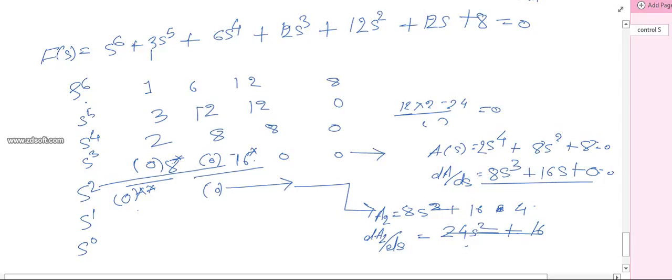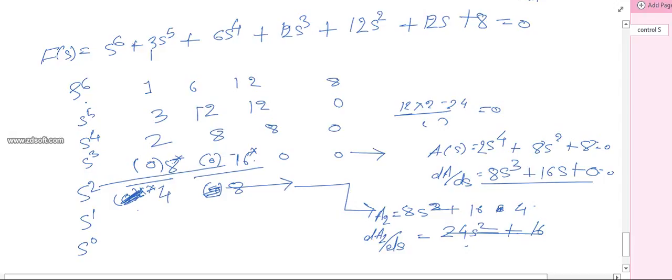This was 8 times 4 minus 16 times 2, 32, divided by 8. Okay, just a minute. So here we are getting 4 and here we are getting 8.